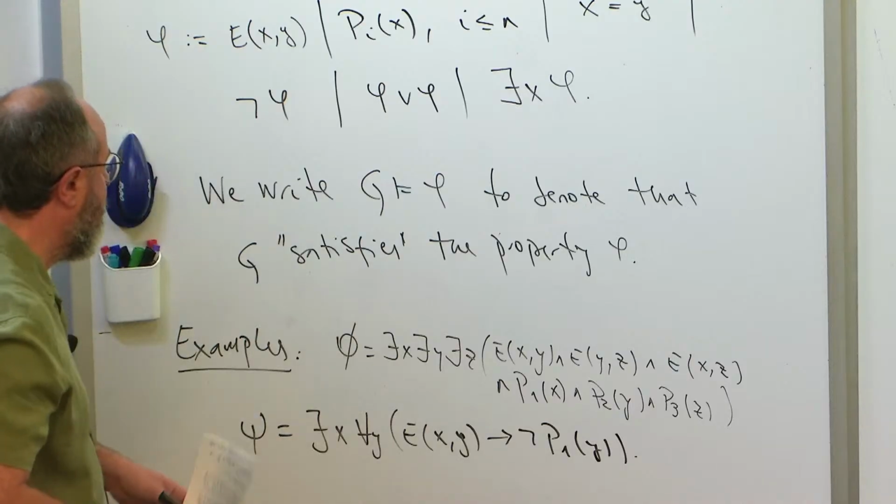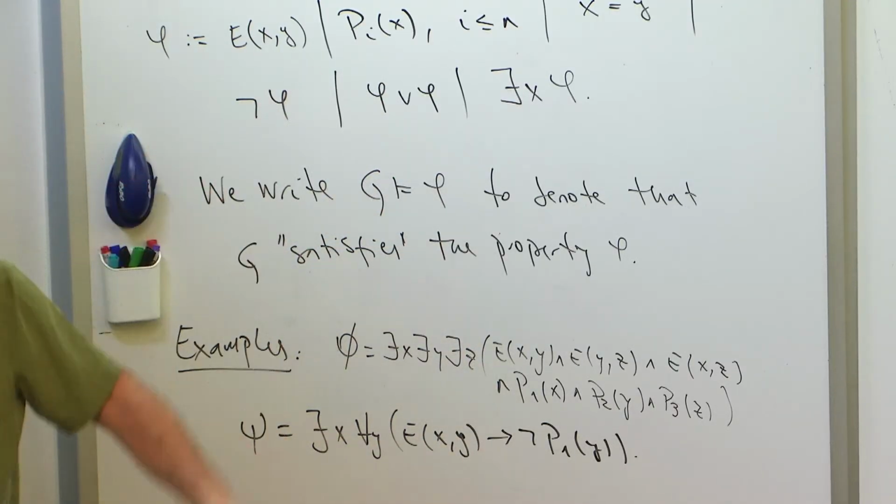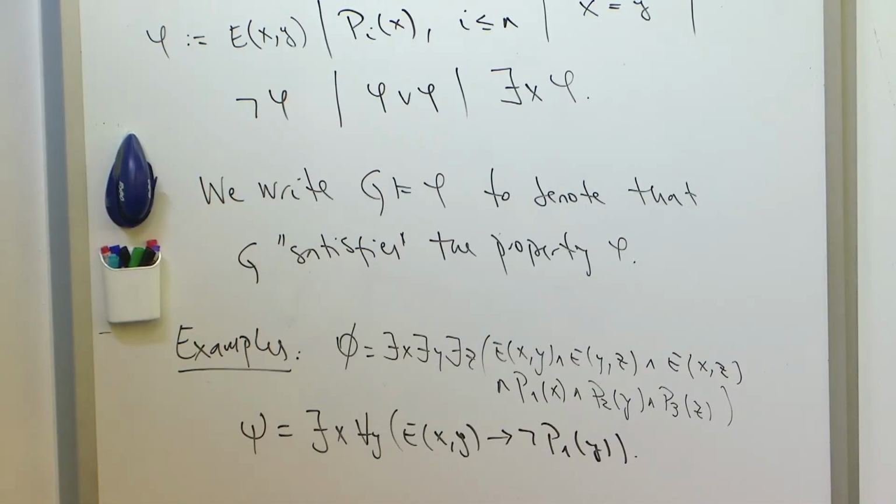Okay, here I'm cheating a bit because I'm using a Boolean connective that I didn't define here, but Boolean connectives can all be expressed in terms of each other once you have negation and disjunction, right? So what is this formula expressing?